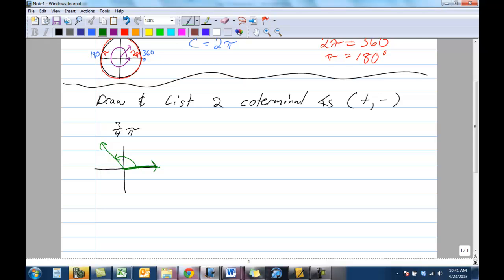Now, yesterday when we were doing degrees, when we were finding coterminals, we added and subtracted 360 degrees. Instead, today what we're going to do is add and subtract 2 pi. Actually, think of pi as like x, so we need to add and subtract 2 to this 3/4.